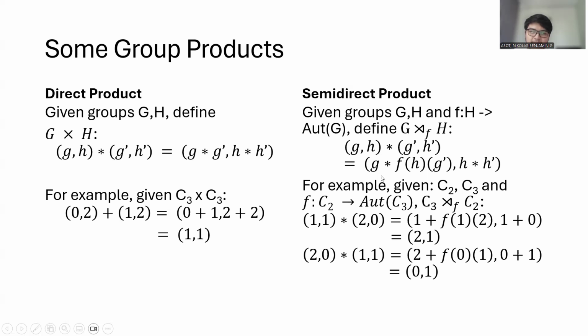But now, instead of simply multiplying coordinate-wise, for the first coordinate, we consider the corresponding automorphism from the second coordinate H and apply it to the second operand G prime before multiplying it with the element G. For example, the semi-direct product of C3 with C2, since we've mentioned that there's a homomorphism to its automorphism group, causes the resulting group to be non-abelian, that is, non-commutative, in the case where the homomorphism from the second factor to the automorphism group is non-trivial.